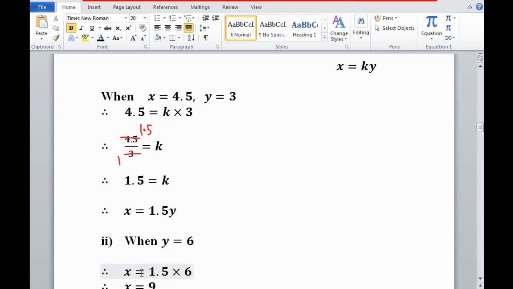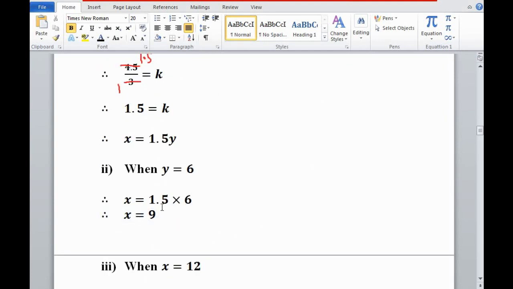So this equation is x equals 1.5, which is the value of k, multiplied by 6, which is the value of y. So by taking their product, 1.5 multiplied by 6 equals 9, which is the required value of x when y equals 6.